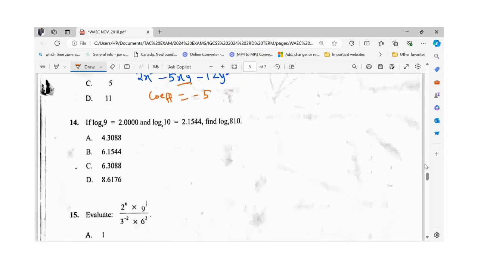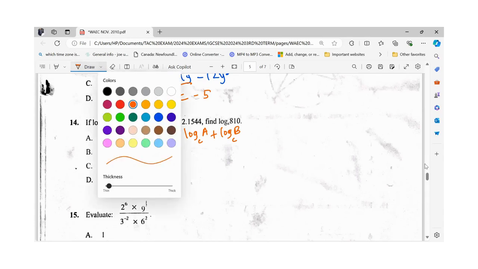Number 14, we are given that logarithm of 9 base x is 2.0000 and log 10 base x is 2.1544. Find log 810. Now, we understand that log AB base C is equal to log A base C plus log B base C. We take note that this law of logarithm is going to help us in evaluating this.